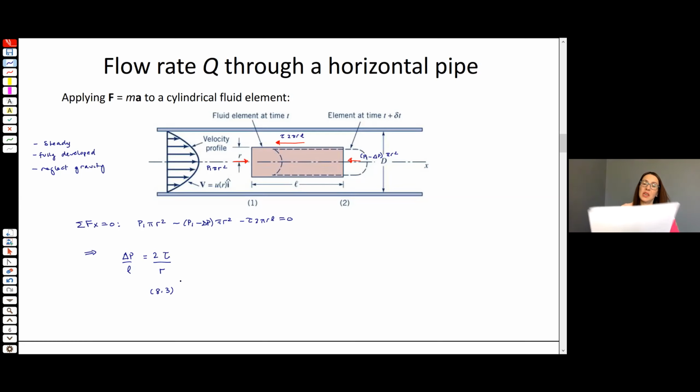Since delta P and L are not functions of R, the shear stress over R must also be independent of R. So 2 tau over R must also be independent.